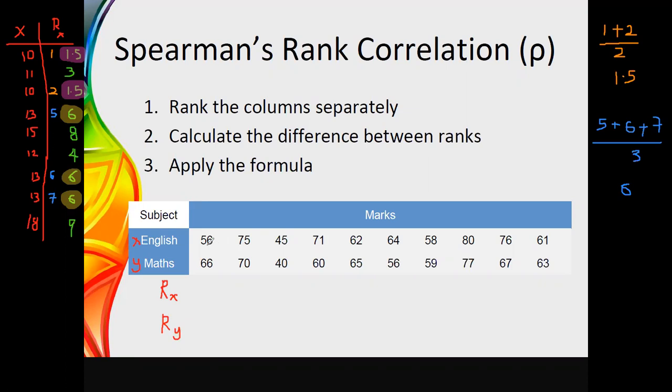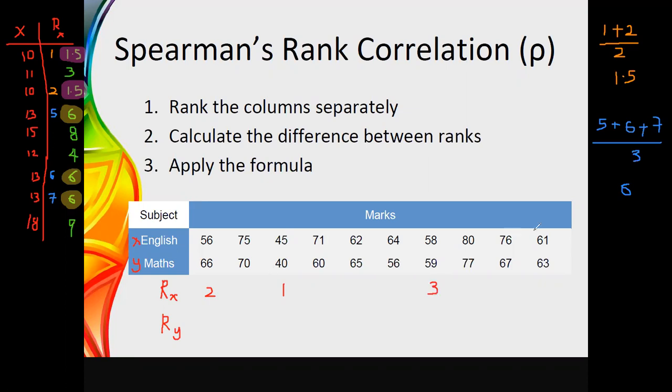Now, to mark the rankings: 56 is the least number you have, therefore you have to allocate 1 here. Then the next highest number is 2. Sorry, 45 was the minimum value, therefore I have to take it as 1. Then this value is 2, and the next highest value is 58, it is 3.